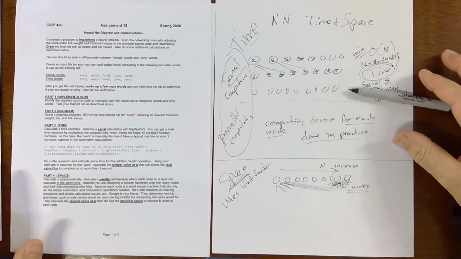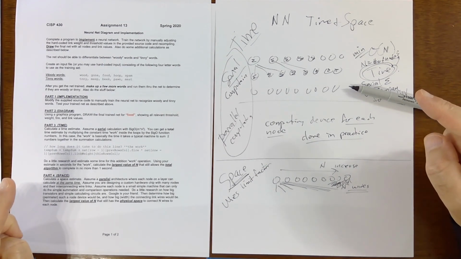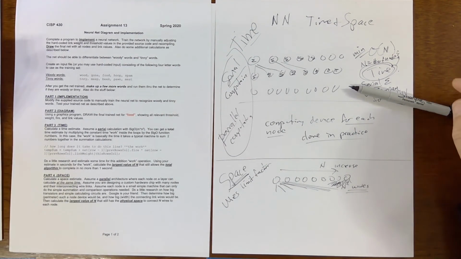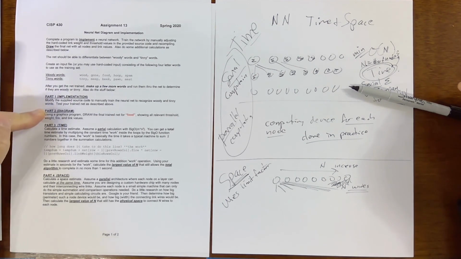What am I asking for here overall? I just want you to get familiar with neural nets. I want you to think about neural nets. So I want you to just get this thing to work as best you can. That'll help you understand how they do the processing, and the diagram will help you do that.